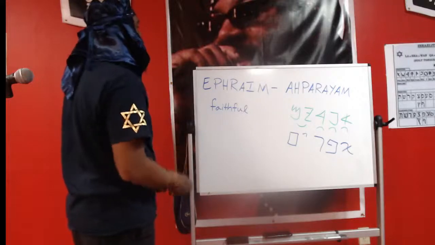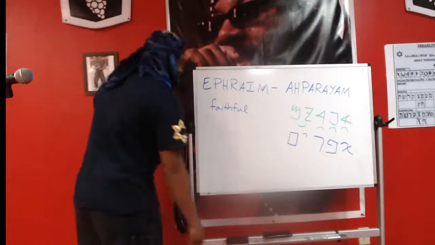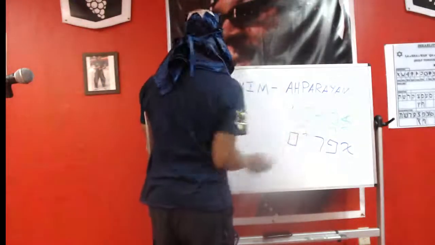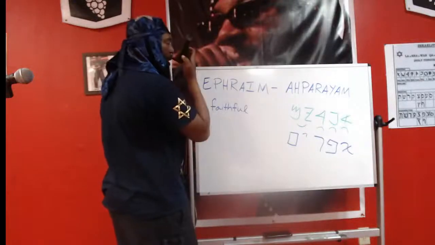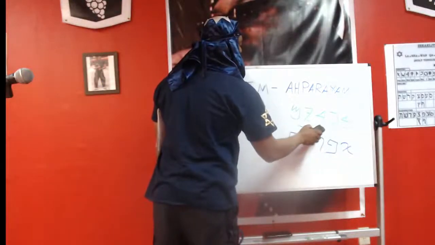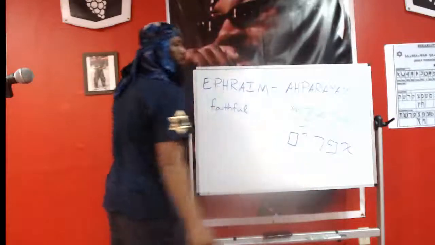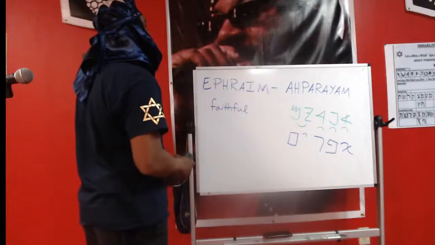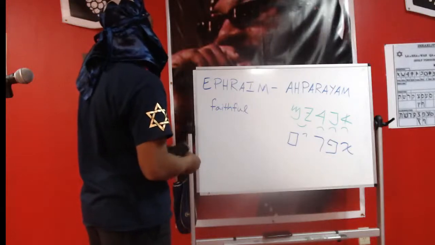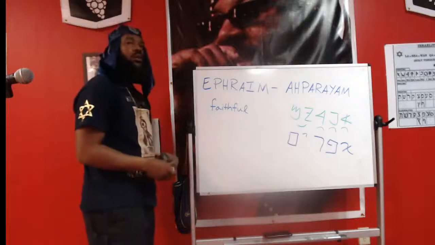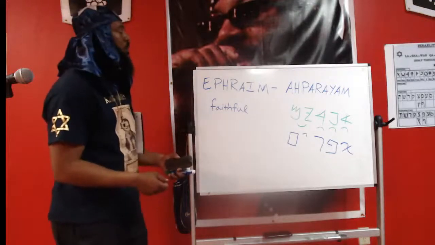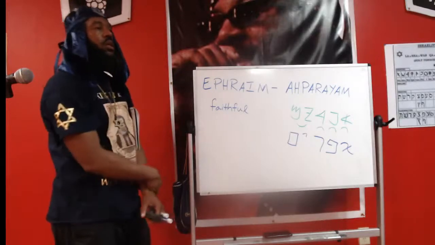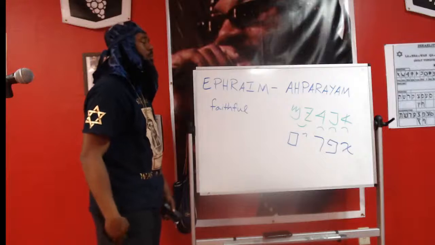Most High in Christ. A couple more seconds. Ephraim, Parium, faithful. Alright? Of course, we should already know also who these people are. Ephraim are the so-called Puerto Ricans. Zebulon or Zabalawan is so-called Guatemalans, Panamanians.